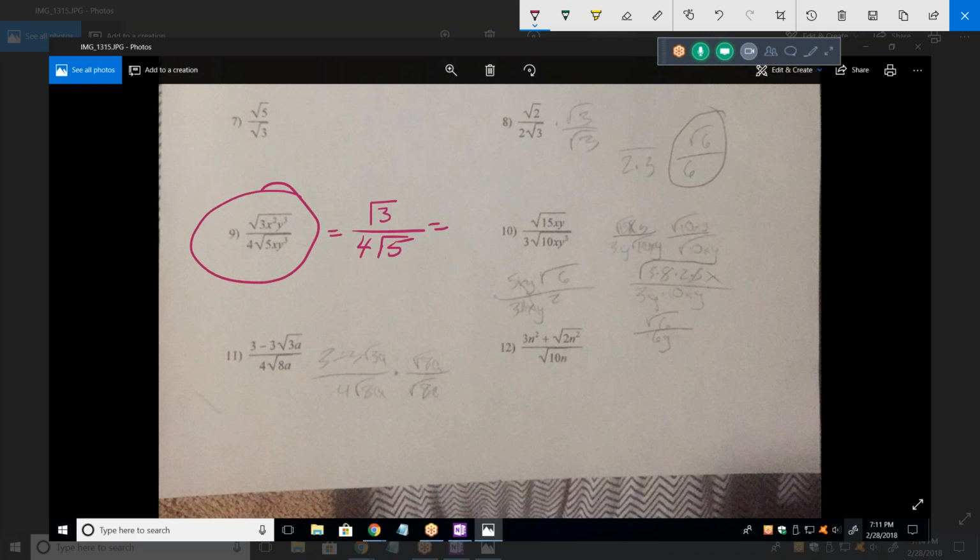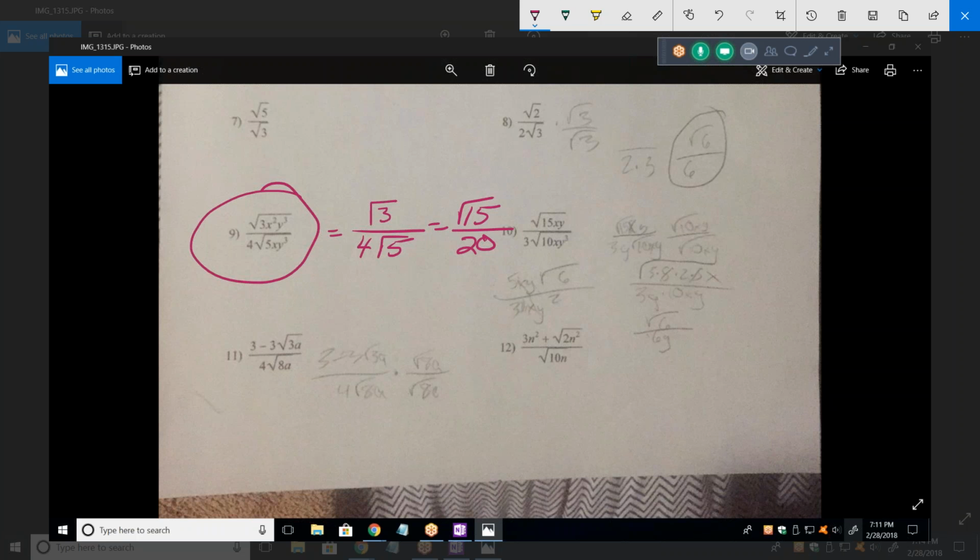Then by square root of 5xy cubed on the other side. Just doing the numbers. Forget the xy for the moment. Okay, then you're multiplying by the square root of 5. Correct?